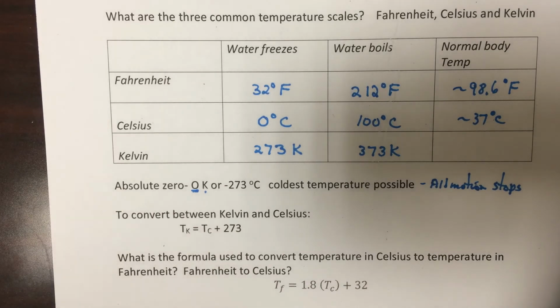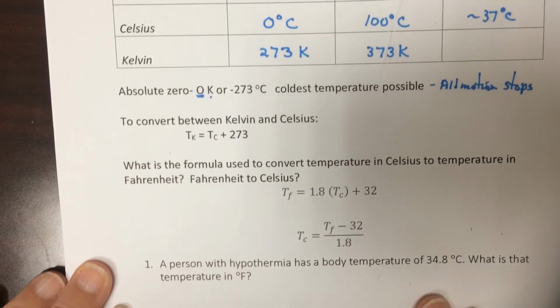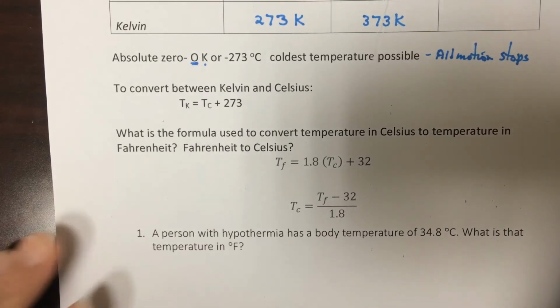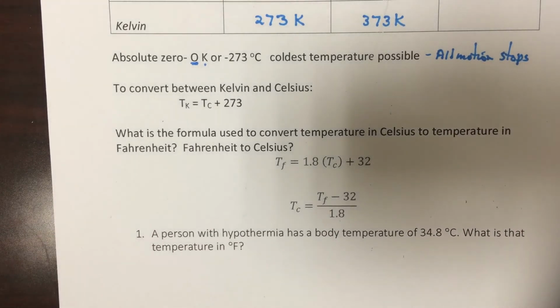So what is the formula? These are the formulas that we'll use to convert Celsius to Fahrenheit and Fahrenheit to Celsius. So let's work a couple of examples to make sure we know how to do this. A person with hypothermia has a temperature of 32.8 degrees Celsius. What is this temperature in Fahrenheit?